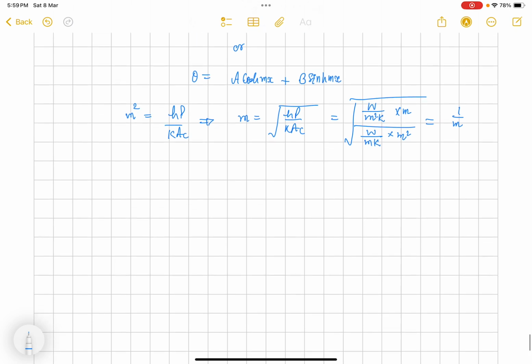So if we multiply this with the whole length of the fin, we will get some constant for the whole fin.